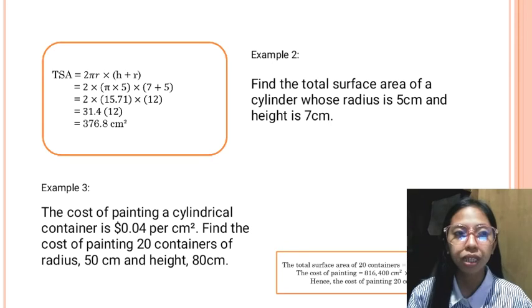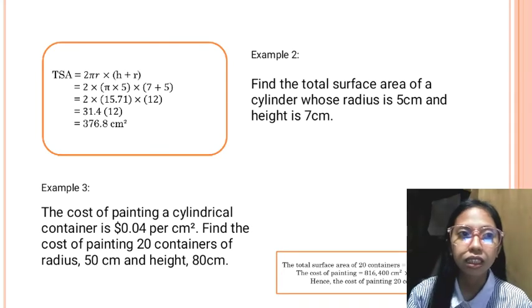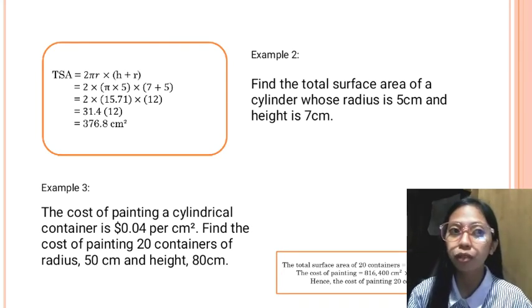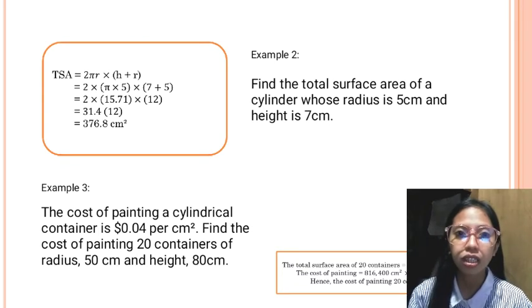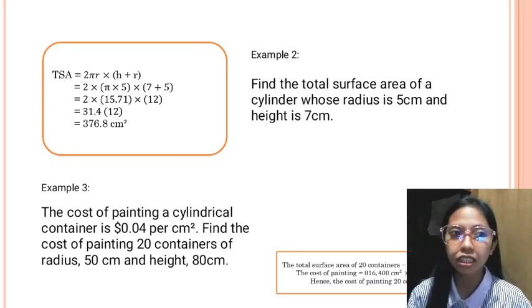So the answer will be 2 times 15.71 times 12. Multiplying it, we will derive the answer of 31.4 times 12. Now, multiplying these two numbers, the final answer would be 376.8 centimeters square.